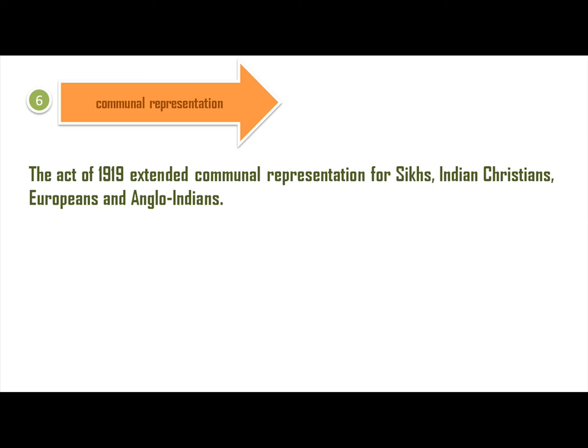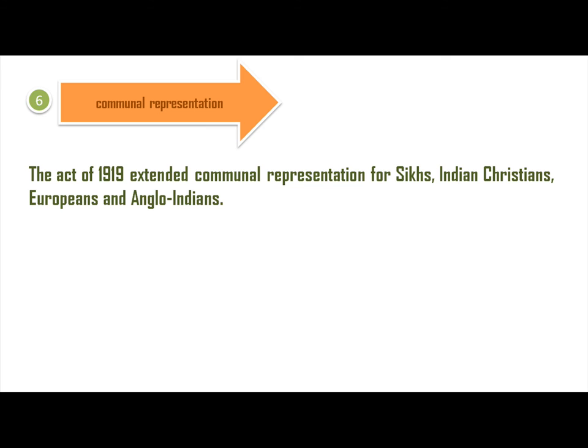It was introduced for the Muslim community. It means that only Muslims will contest in the elections, and only Muslim members will have the eligibility to vote and elect their representative. That is called communal representation.